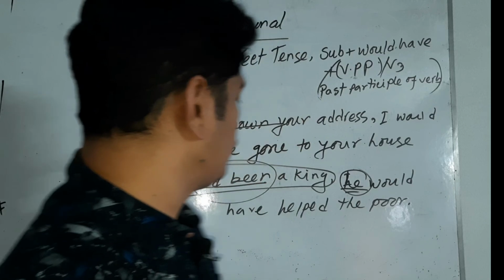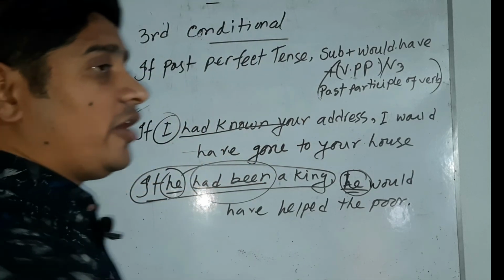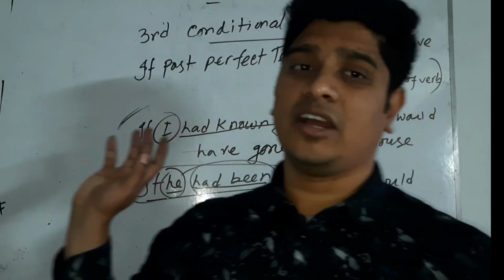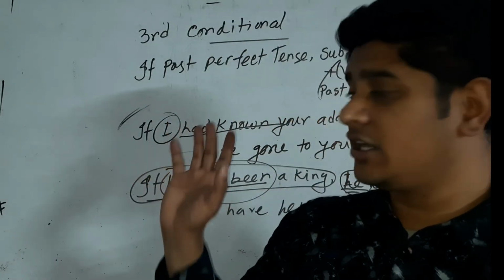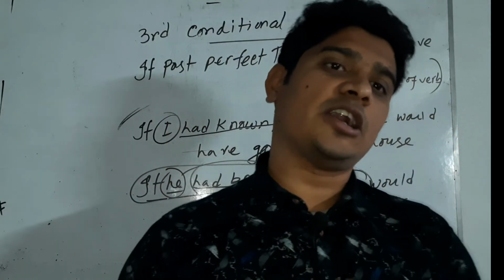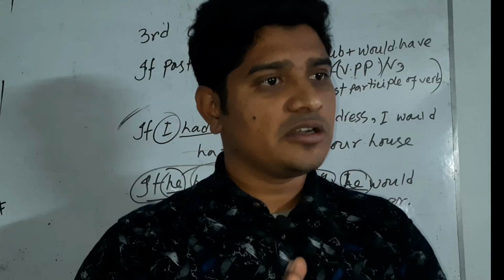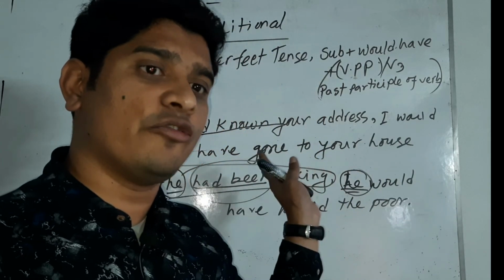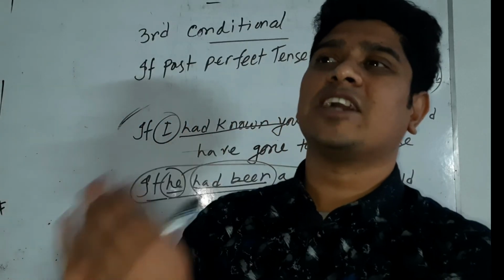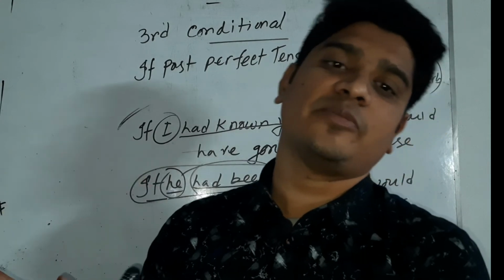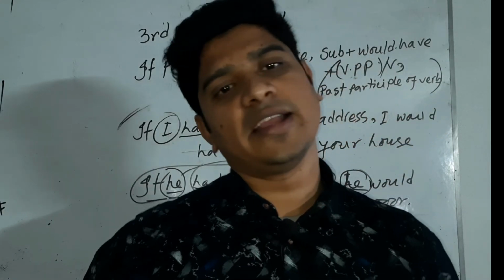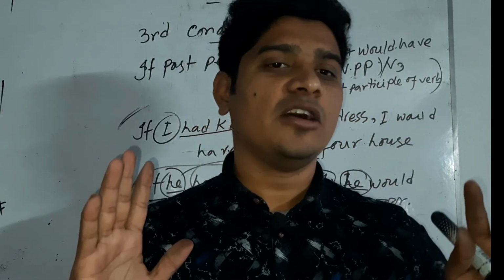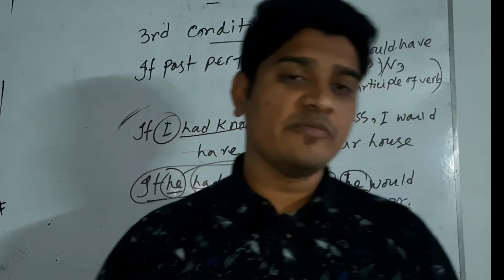And you have also seen here the third conditional. In the third conditional, there is past perfect tense in the first part of if. You have to use subject plus would have or could have in the second part. I think it is very clear for you, and conditional is the most important thing for you.